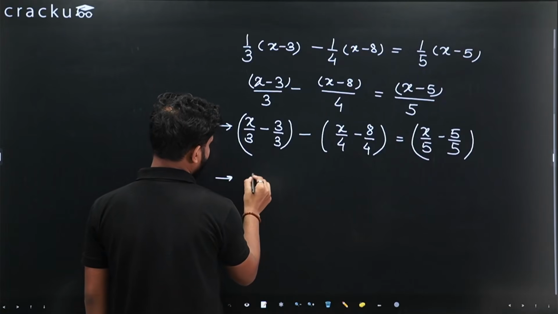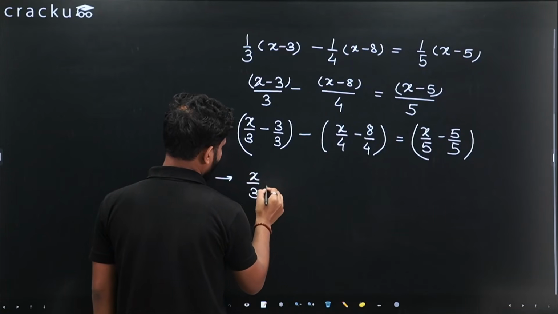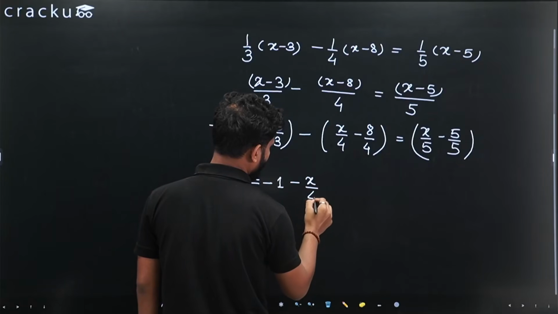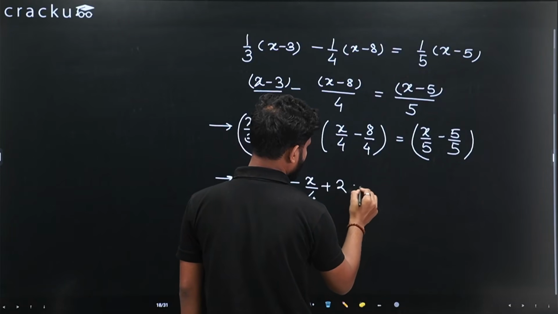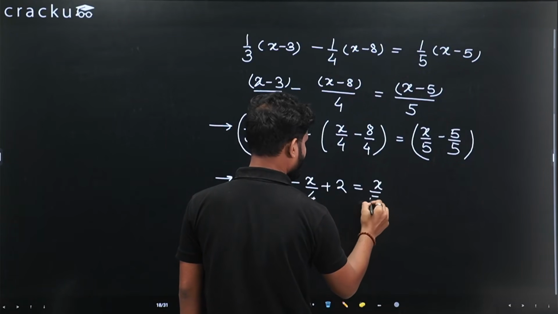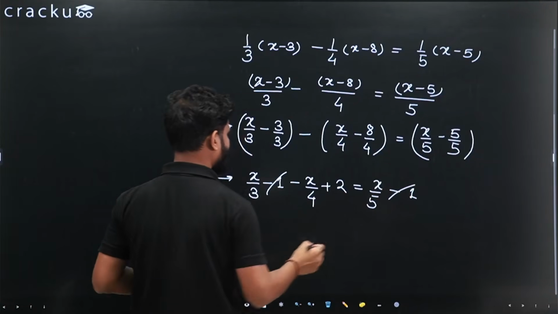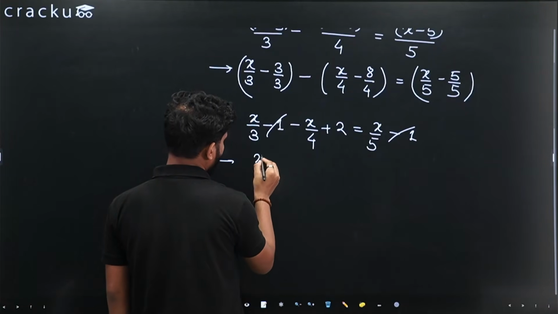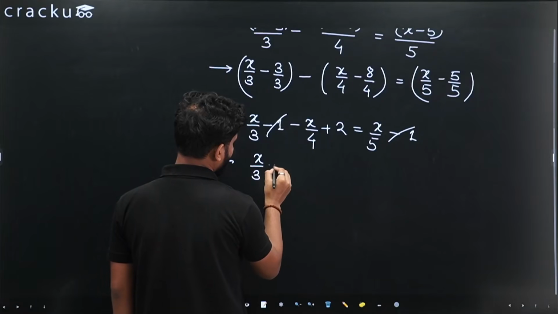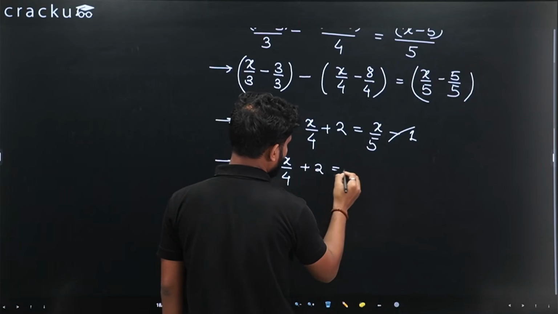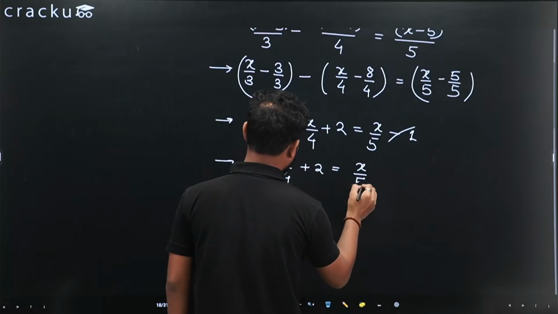From here you get x by 3 minus 1 minus x by 4 plus 2 is equal to x by 5 minus 1. This minus 1 will get cancelled, and we will have x by 3 minus x by 4 plus 2 is equal to x upon 5.